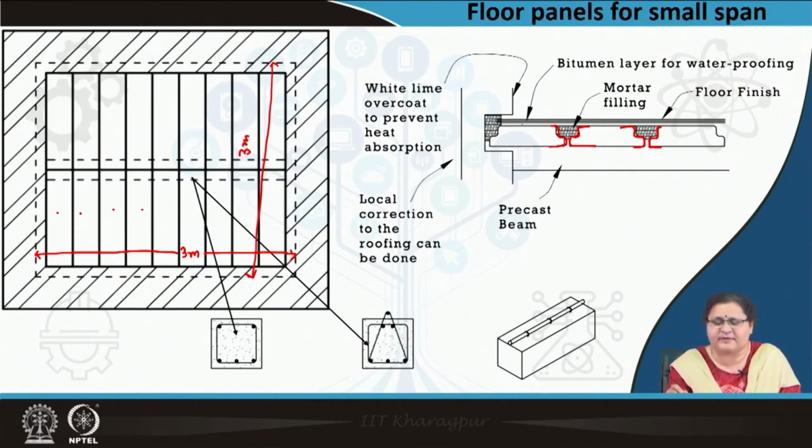For lifting purpose, you had made this notch, and there you are now filling some weak mortar to bring the entire floor to one particular level. So, you are filling some mortar and completing it, making it at one level, so that it can be used as a floor.